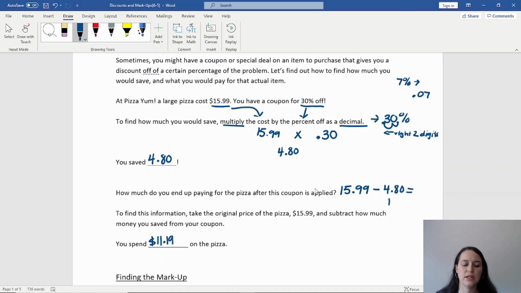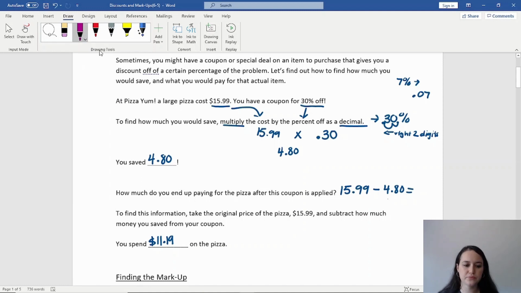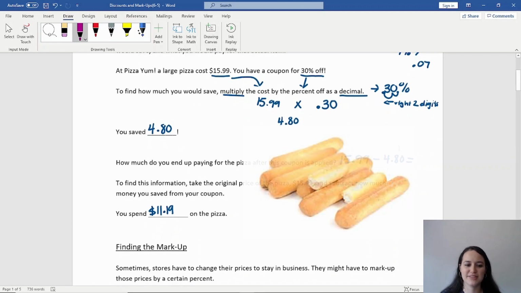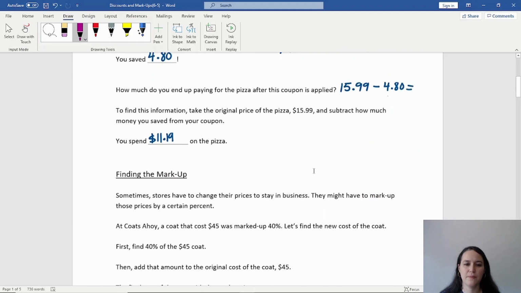So you're only going to pay $11.19 for this pizza. That means you have saved that $4.80 from your coupon. So maybe you can buy a side salad to go with your pizza, some more breadsticks. All right, so that's how your discount is going to work.